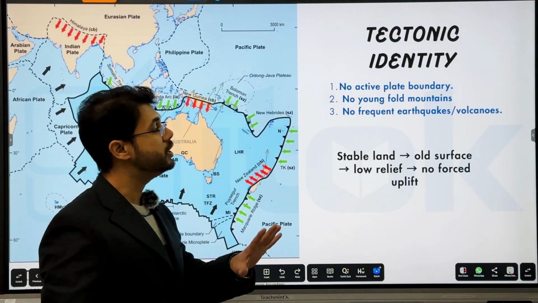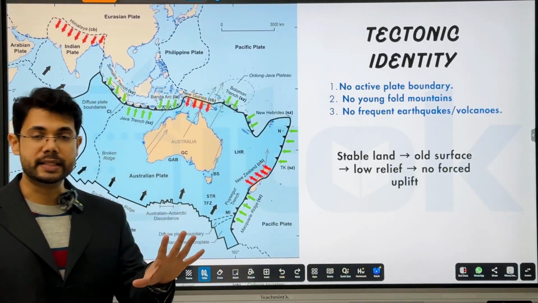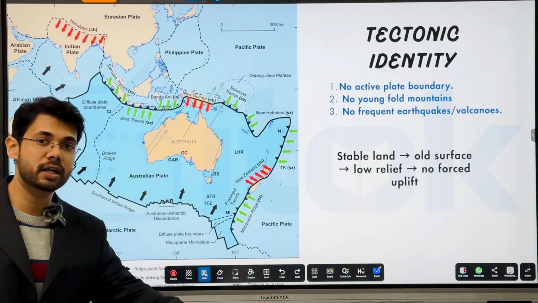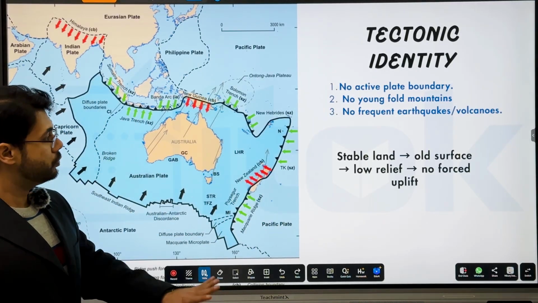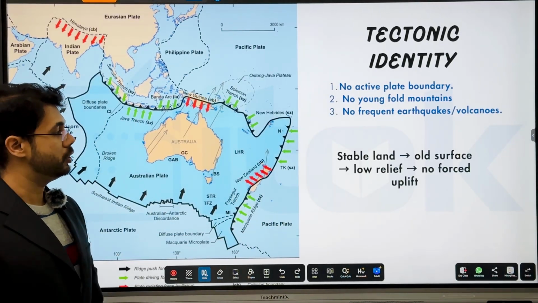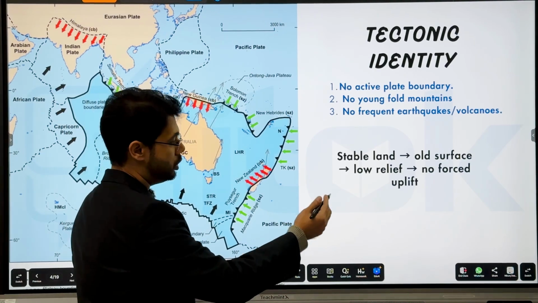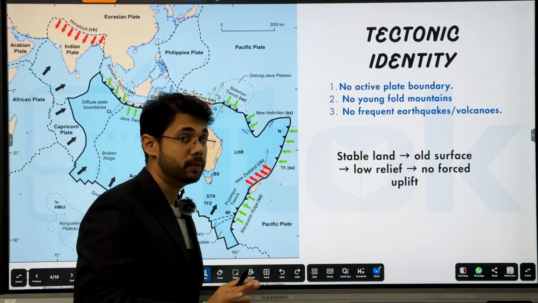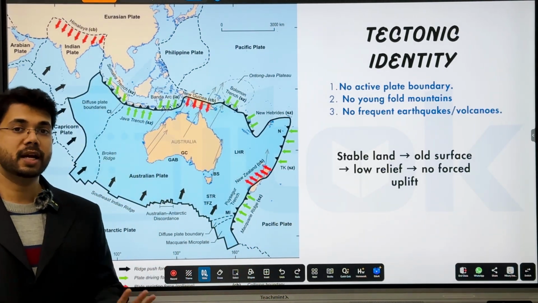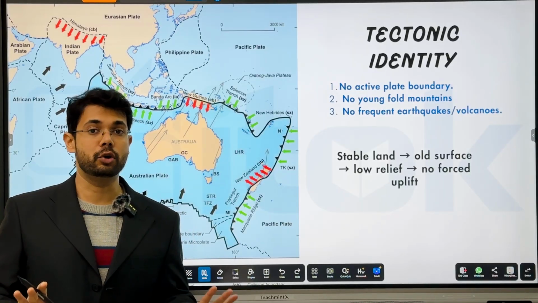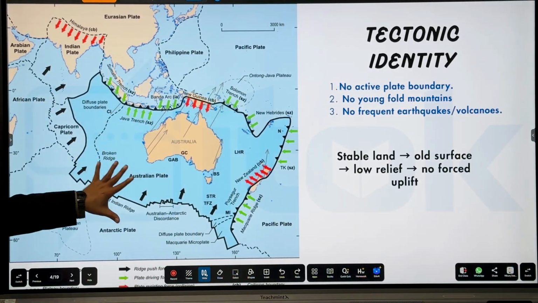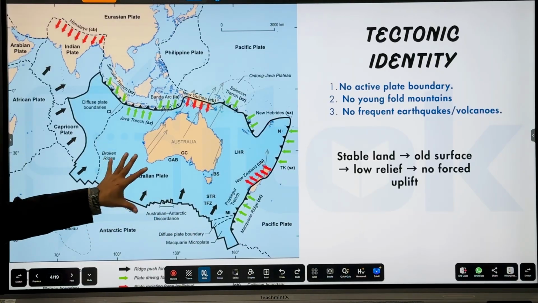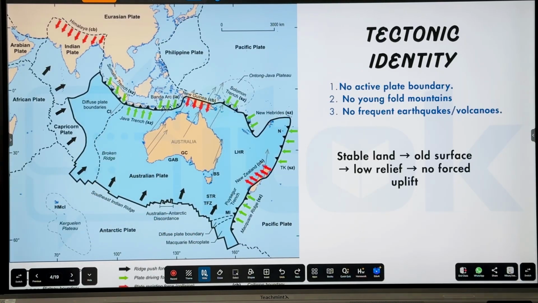So it has no young fold mountains. Yes, there are old mountains that have withered away over time, but there are no young fold mountains, and of course no frequent earthquakes and volcanoes. So: stable land, old surface, low relief, no forced uplift. Remember, Australia does not have any young fold mountains, because everything is happening around but not within Australia.